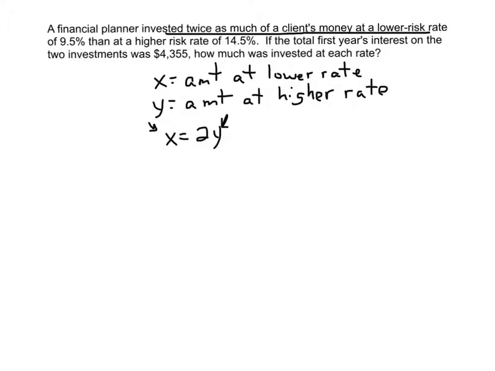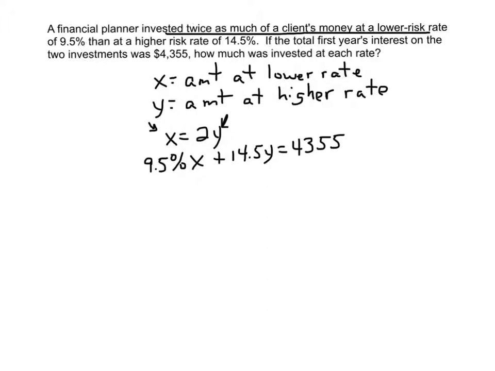I also know that he got a total of $4,355 in interest, and he got that by getting 9.5% of the money he invested at x plus 14.5% of the money he invested at y, added those together and got $4,355.